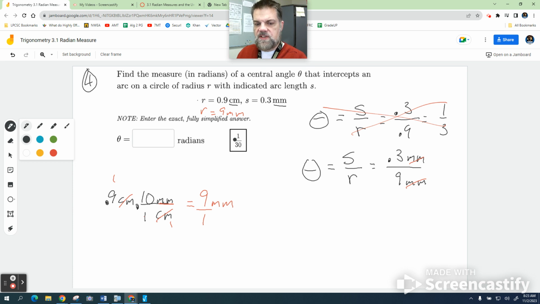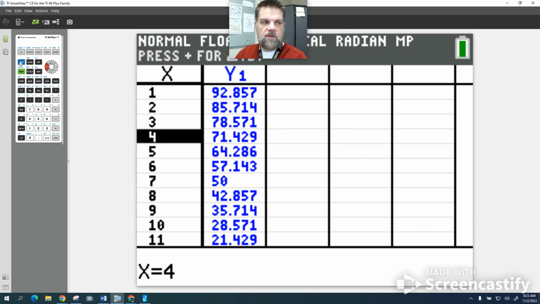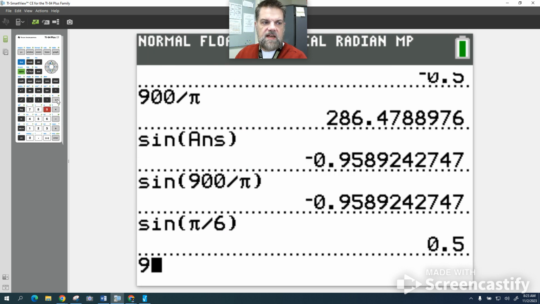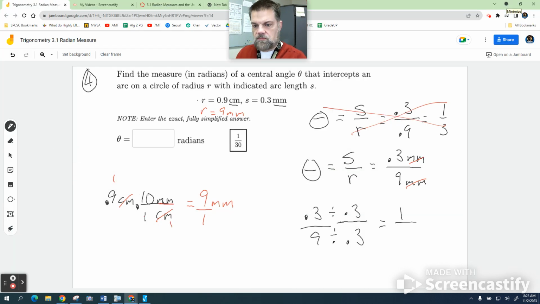So what I'm going to do is I'm going to say to myself in my head, 0.3 over 9, I'm going to divide by 0.3 and then divide by 0.3. 0.3 divided by 0.3 is 1, and then 9 divided by 0.3 we could just do on our fancy calculator. So if I say 9 divided by 0.3, I get 30. So my answer is 1/30 radians.